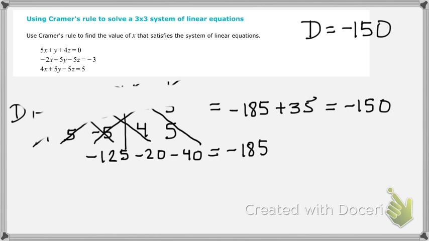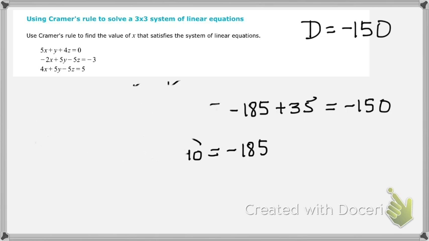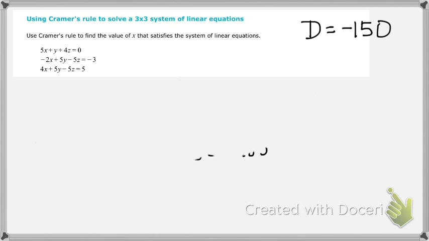Now in this problem, it's actually just asking me to find X. And I might show you X and maybe Y as well, just to help you along. But this is asking us to find X. So to find X, let me go to a general statement here that X is equal to D sub X over D. Now we know what D is.